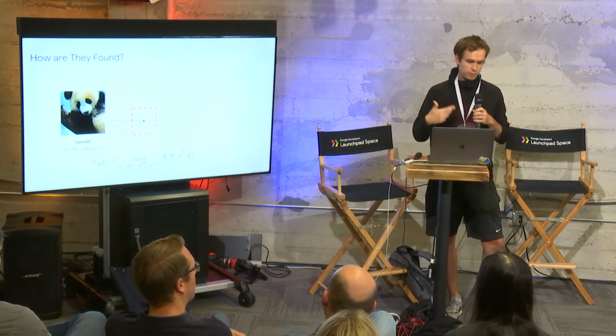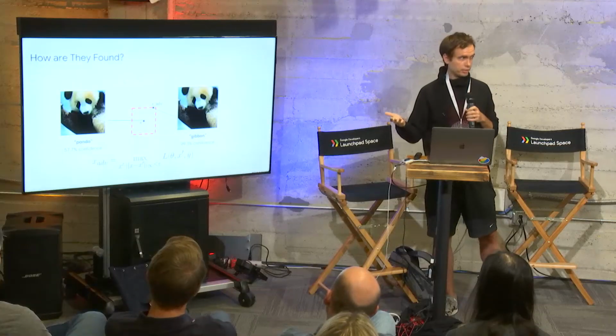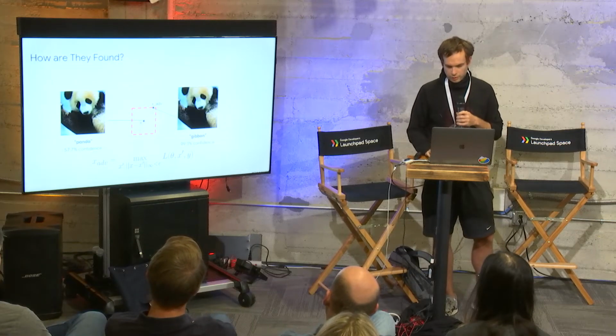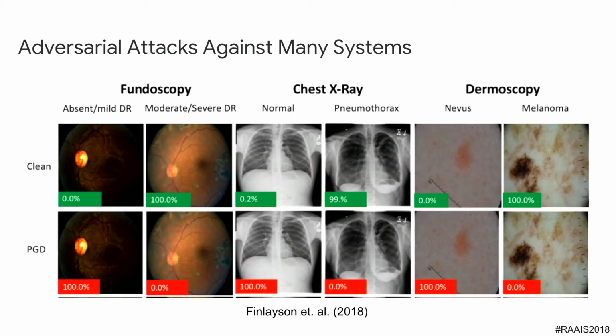If you define your objective function and do a couple of steps of gradient descent, you typically arrive at an image that the model incorrectly classifies. This works for virtually every state-of-the-art vision model that I'm aware of.